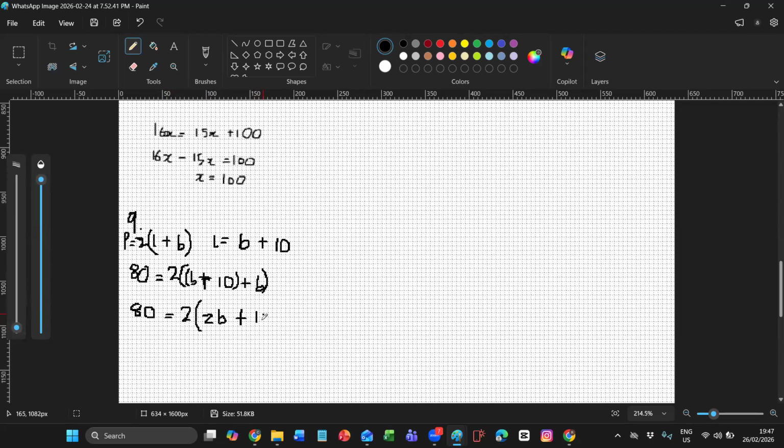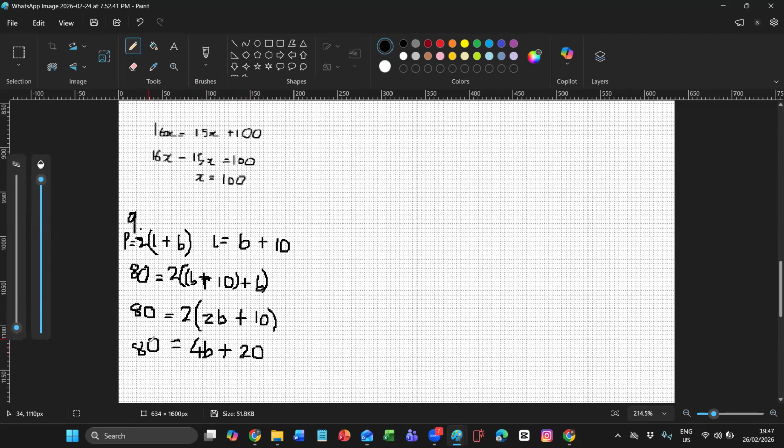So we can now open the brackets and allow the 2 to go inside. So it will now be 4B plus 20. Okay, so this is what we have.